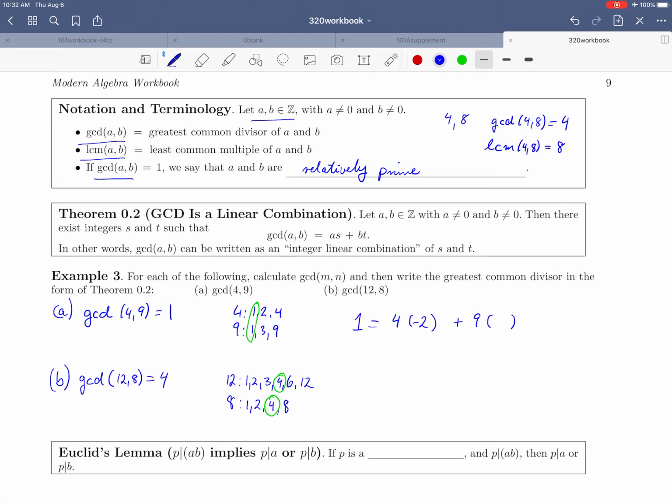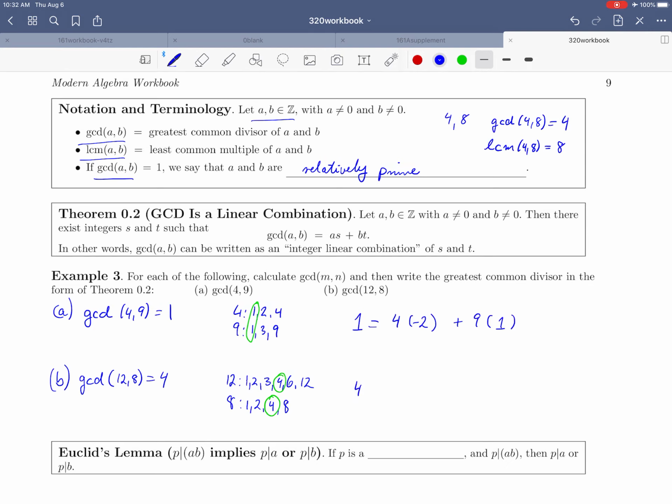That would give us -8. And then if we add 9, so we just put a 1 in here, this would work. It's not the only way. You could play this game and think 27 and 28. One is a multiple of 4, one is a multiple of 9. Again, there's a difference of 1, so you could use those as well. So that's how we get the GCD of 4 and 9.